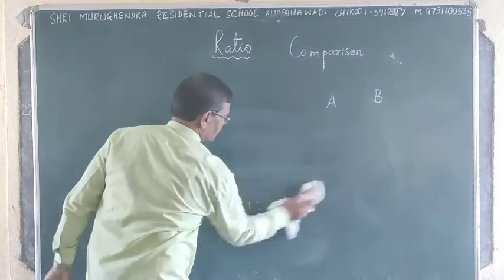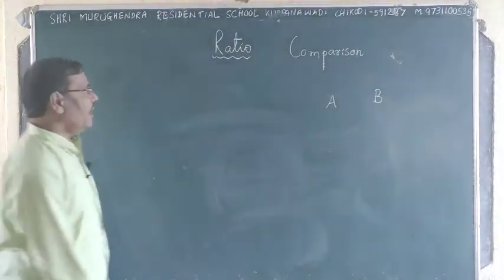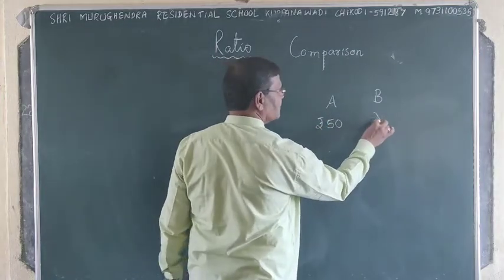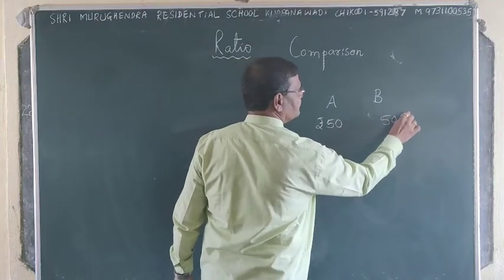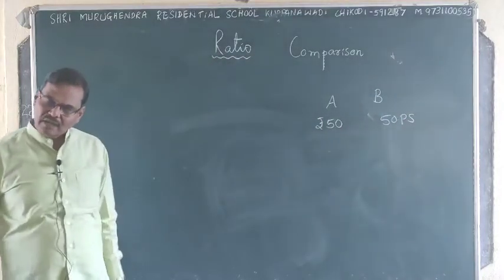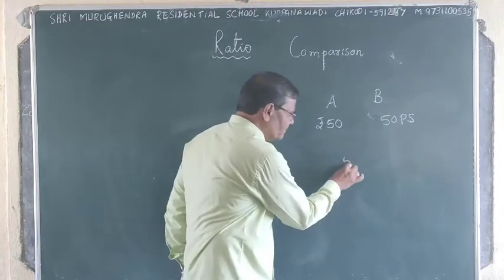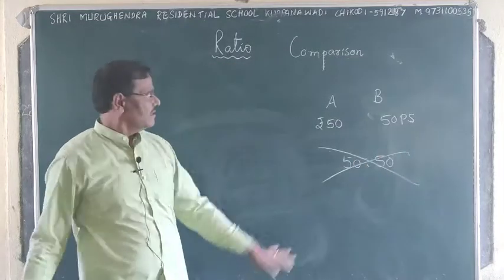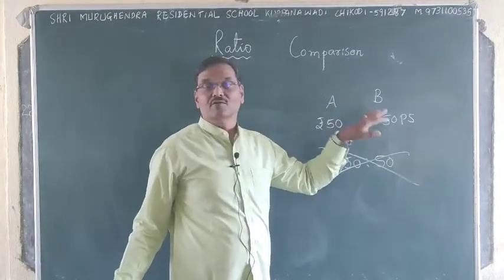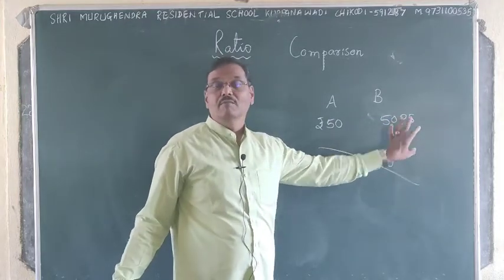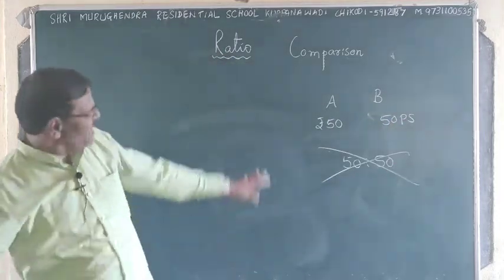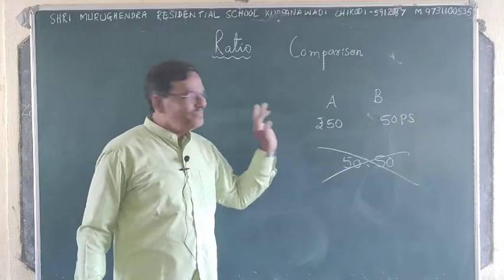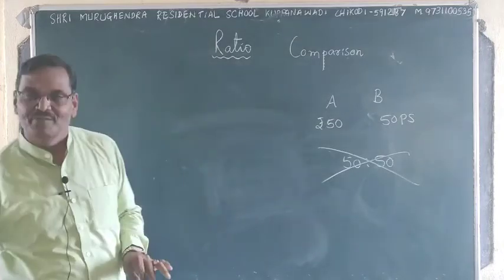See, A has 50 rupees and B has 50 paisa. Then can we compare this? 50 is to 50? No, because rupees will not be compared to paisa. But it is money, so how do we compare this?